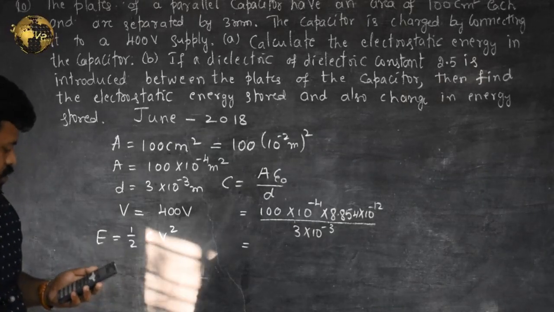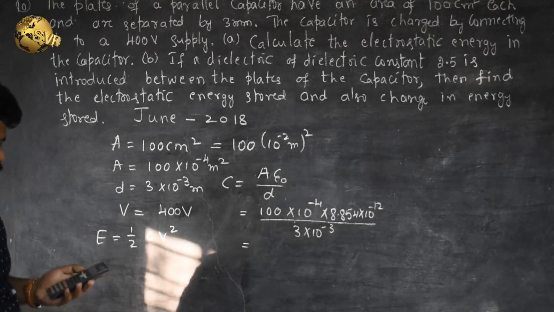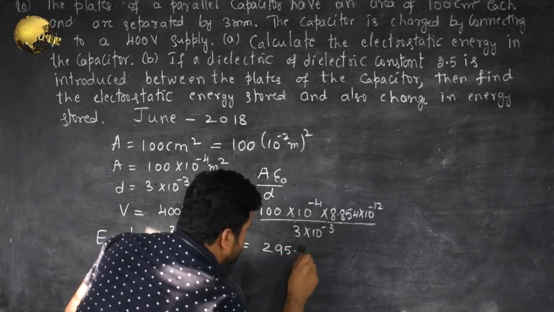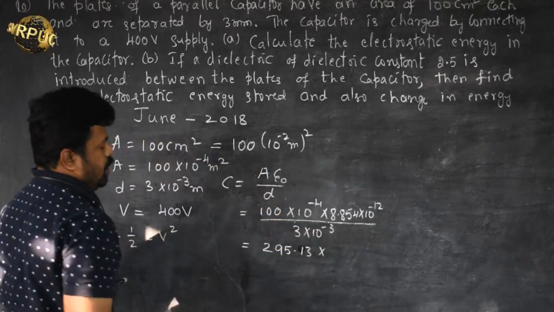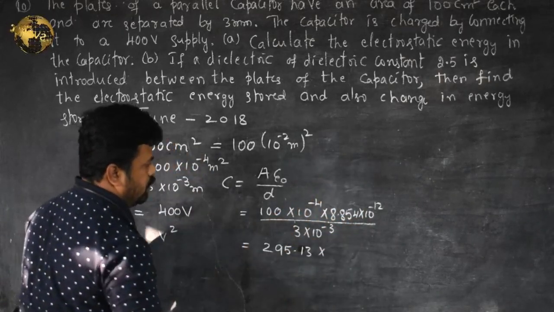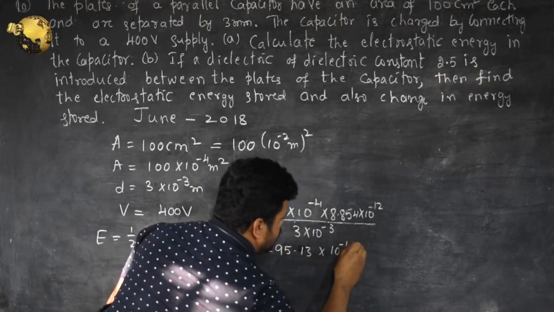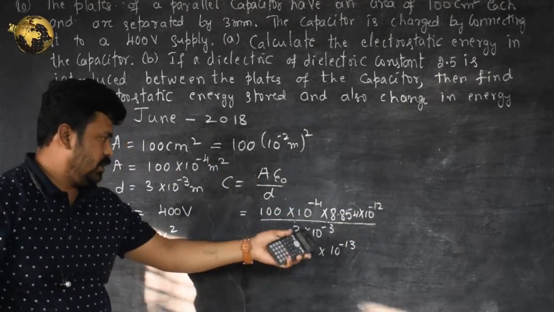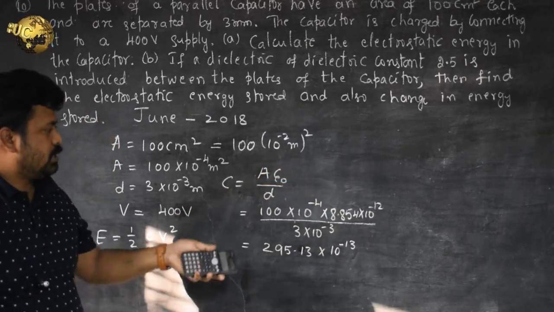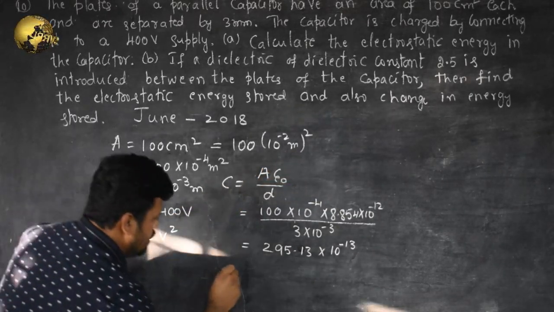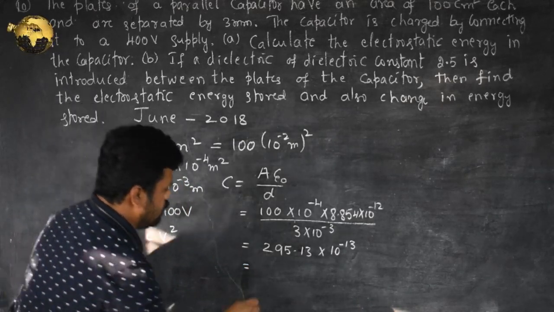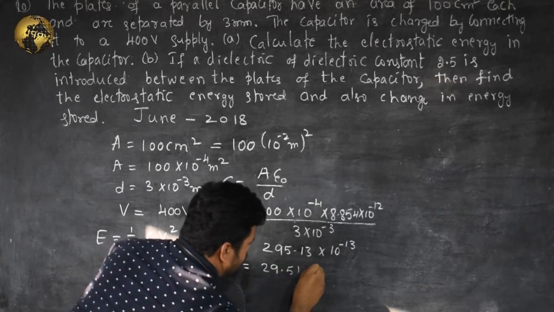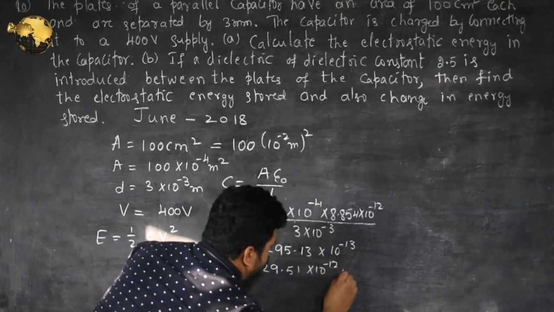We get 295.13 into 10 to the power minus 16 plus 3, so that is 10 to the power minus 13. You can also write this as 29.51 into 10 to the power minus 12 farad.